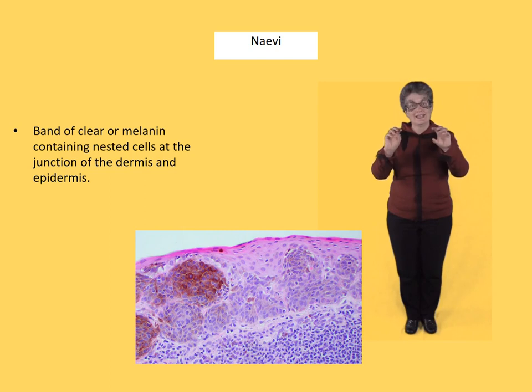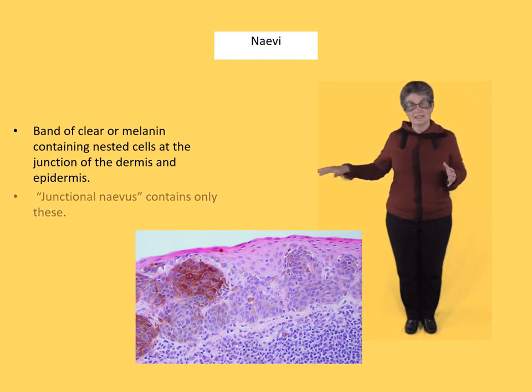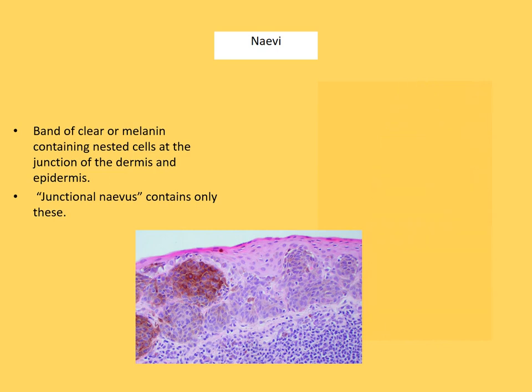All the nests are contained at the junction between the epidermis and the dermis. The little dark cells down the bottom, well, they're inflammatory cells because this nevus has become irritated. And if nevi become irritated, they can change colour. So not every changing nevus is a melanoma, but it is a red flag sign.